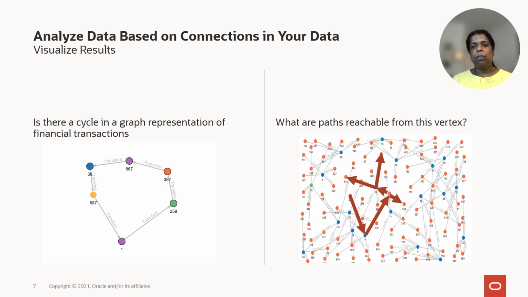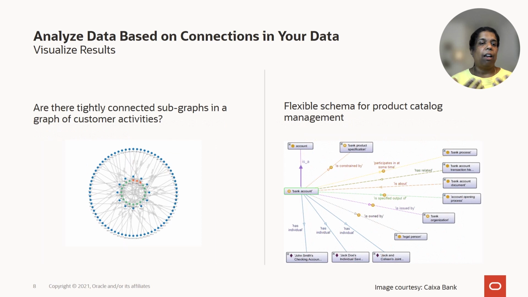So when you analyze your data based on graphs, you also have the visual component, right? Is there a cycle that represents how money is moved in this set of financial transactions? What are the reachable paths? So graph visualization is a key part of graph analytics.